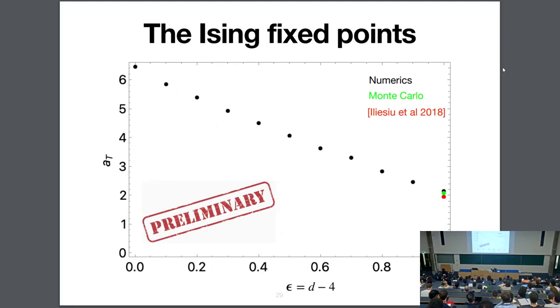And this is what is shown in this plot. So this is our dot. And by the way, the Monte Carlo is also here. I am not saying that the Monte Carlo is better than the Caltech group. Most probably the error bar that we have right now is big enough to have everyone in. But this is something that can be resolved because this plot was made in 10 minutes.